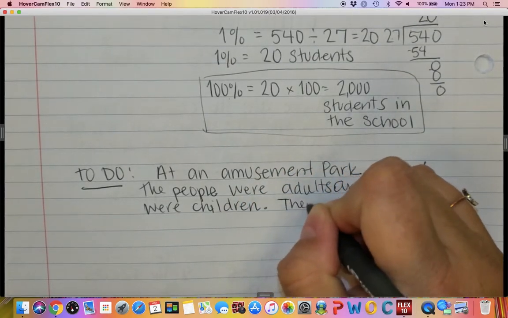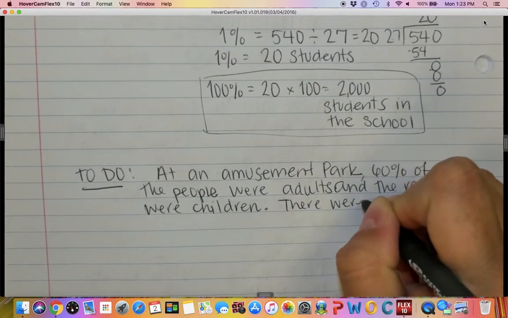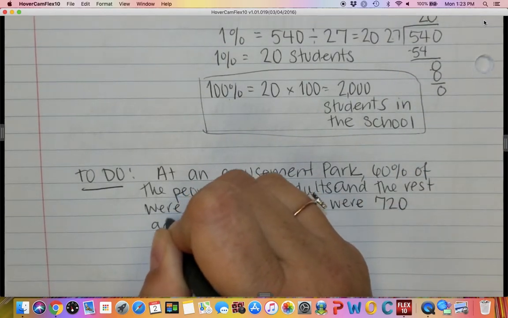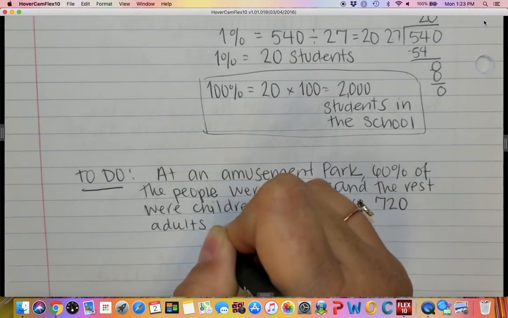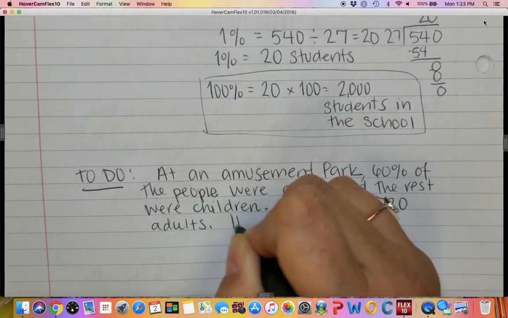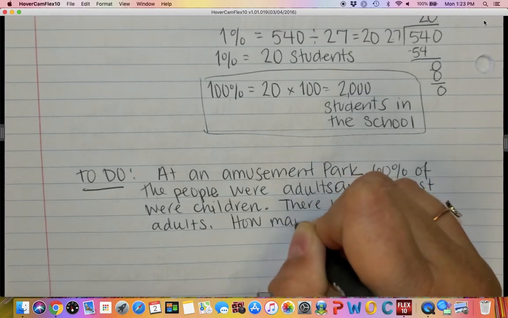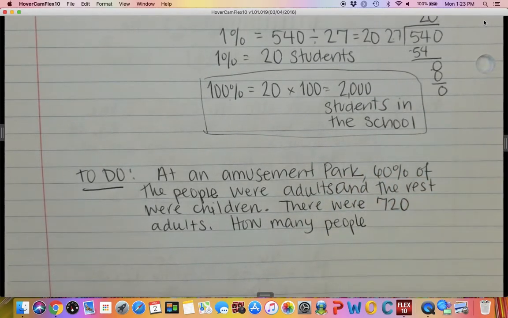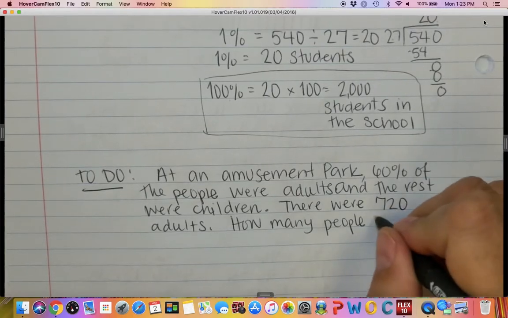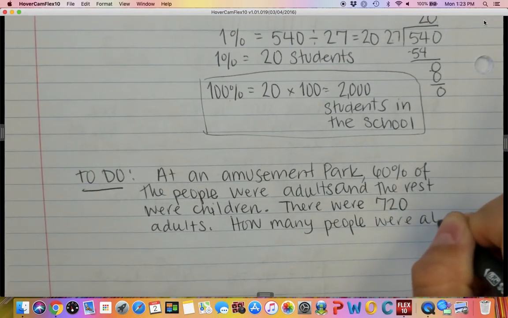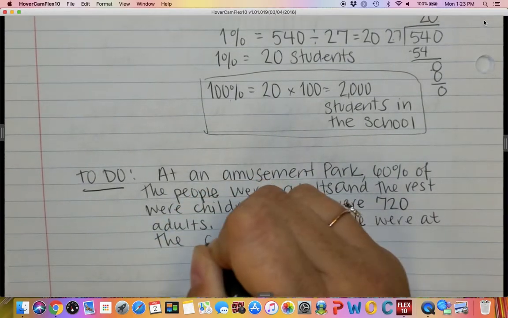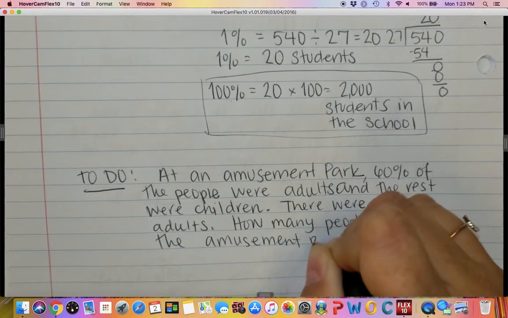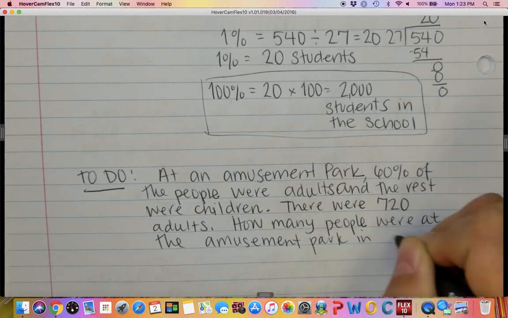There were 720 adults. How many people, adults and children, were at the amusement park in all?